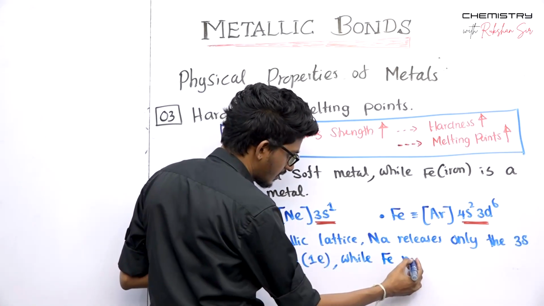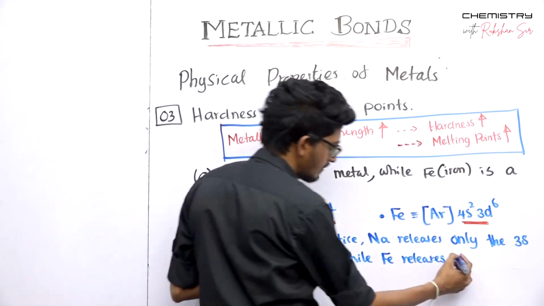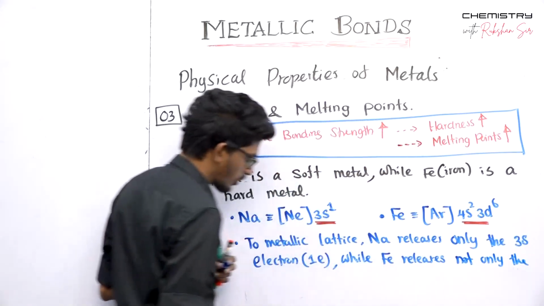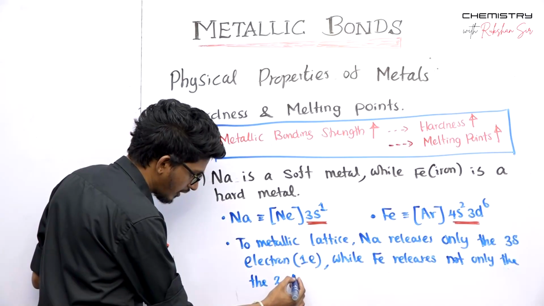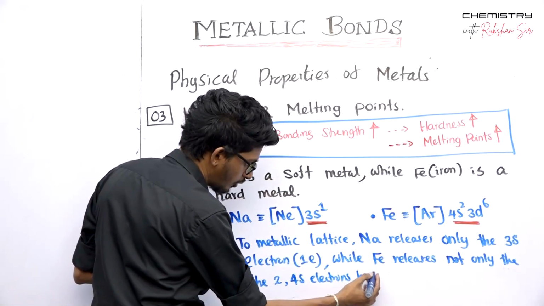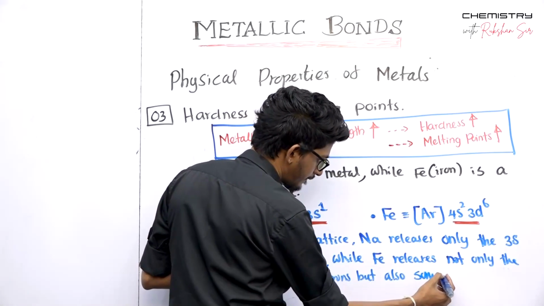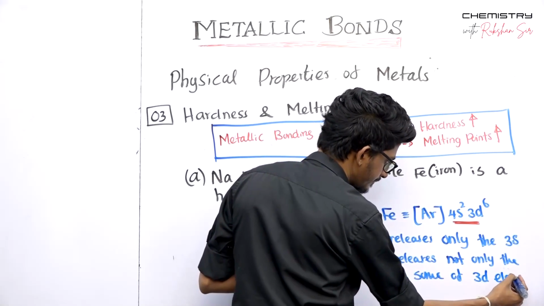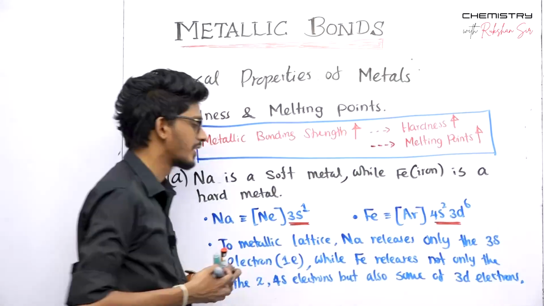While iron releases not only the two 4s electrons, but also some of the 3d electrons, because they have not yet achieved the noble gas configuration.